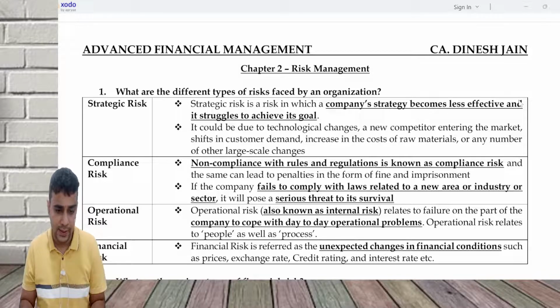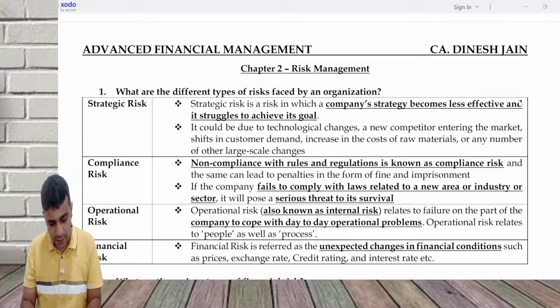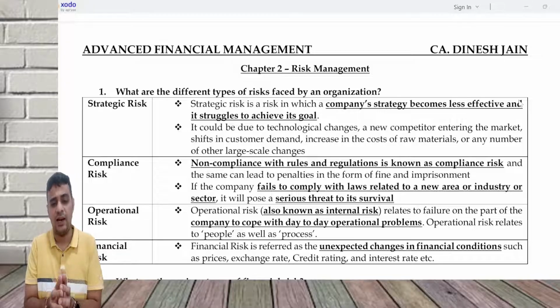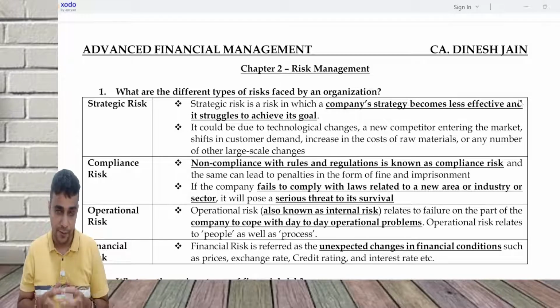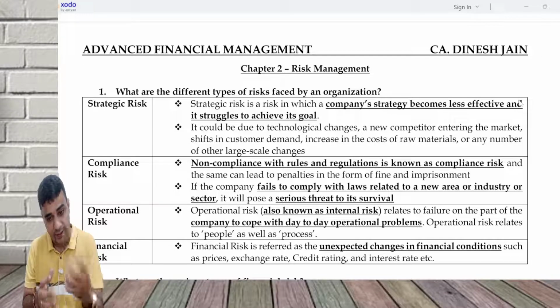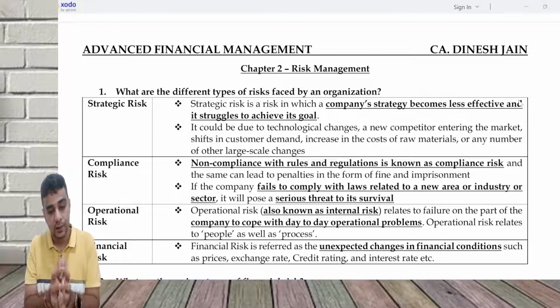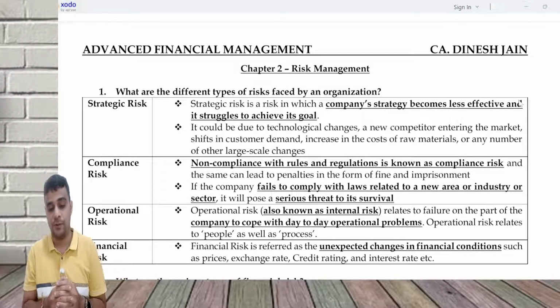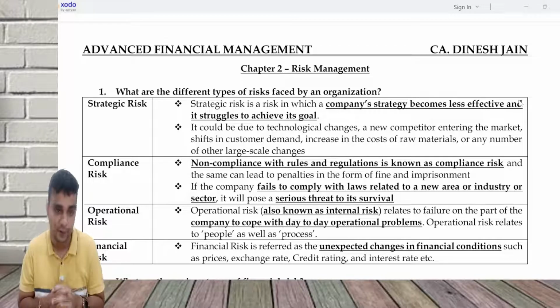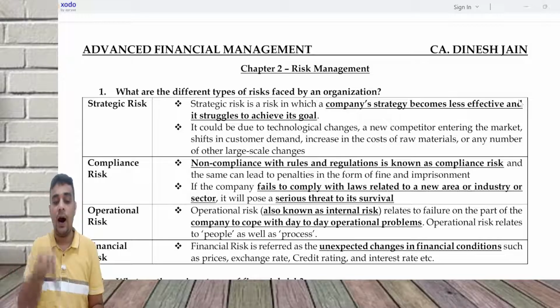Risk management, what we are going to learn as part of the theory segment is first understand what you mean by the term risk, and then understand what are the various risks a business is going to face. How do you identify that such a risk exists for a company, and what are the ways to eliminate or reduce the risk?